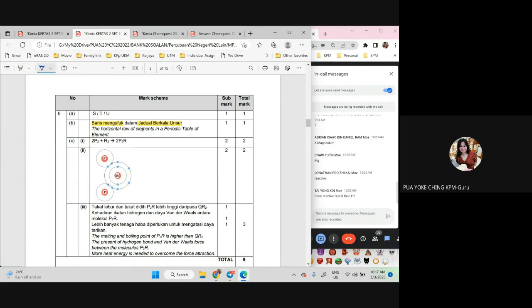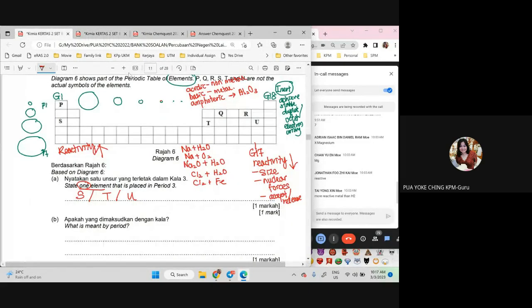So at least ada sekali unsur. So this one, elements depan, elements belakang. So kalau at least sekali pun boleh lah. Okay, so this is your period.